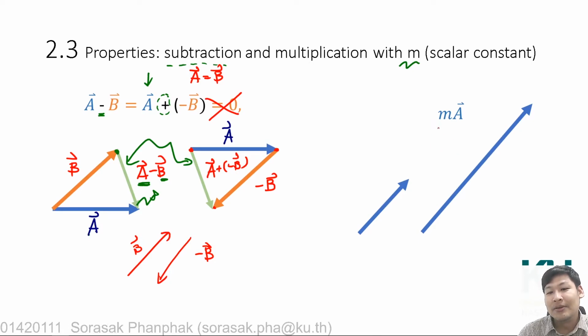And how about another property, if you would like to multiply by M. If you do this, initially vector A has its own magnitude, and when you multiply with M, you change the magnitude of this vector.